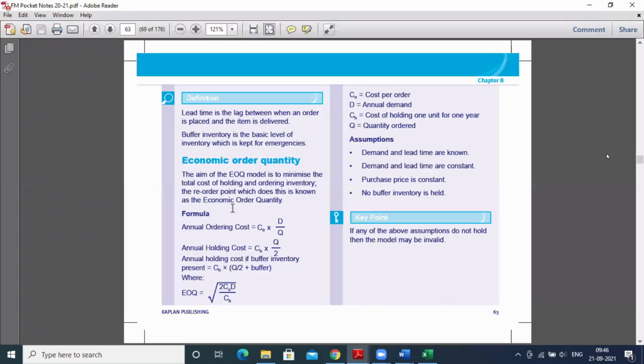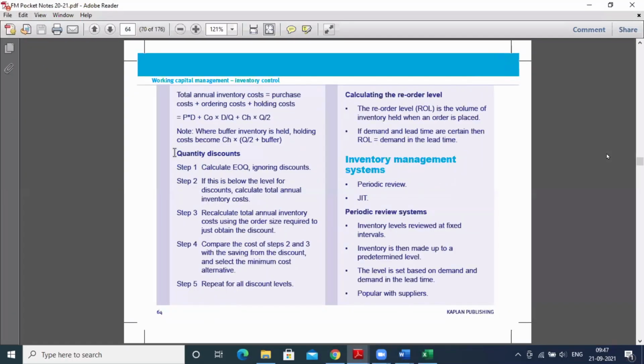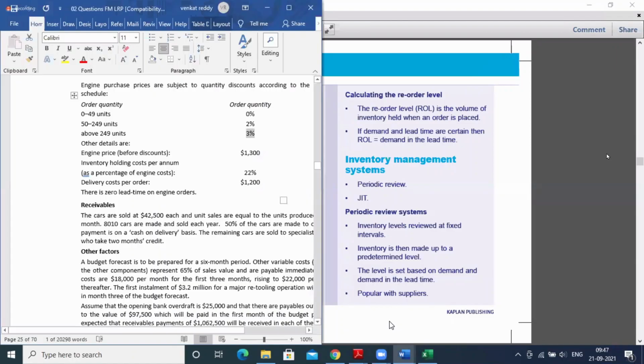So these were the steps which were mentioned. I hope you now understood these steps. Okay. Any questions? Definitely, you will be getting this EOQ question, especially the process, the method which we just saw.